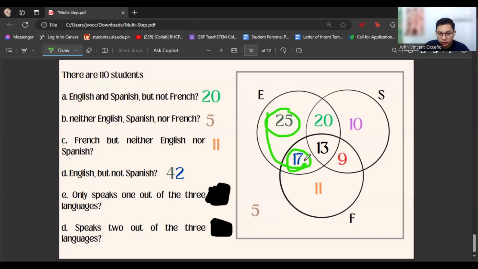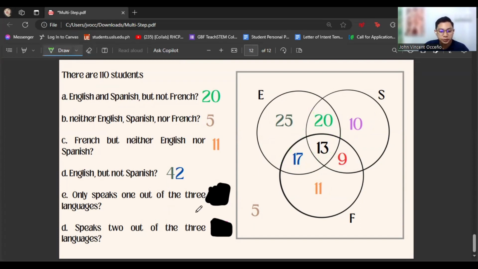We cannot include this one because some speak Spanish here. Here, some also speak Spanish, and here, some also speak Spanish. Here, the people do not speak English. Here, they do not speak French and English. So 42: 25 added to 17.